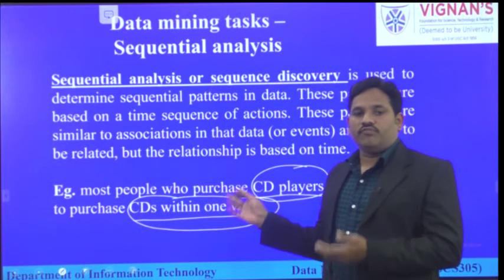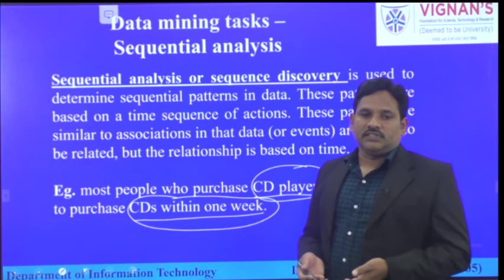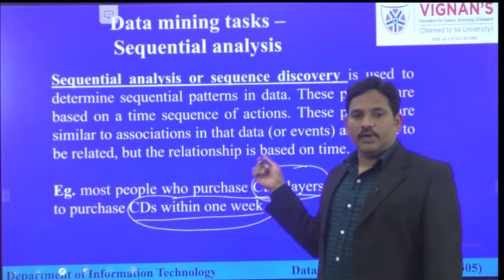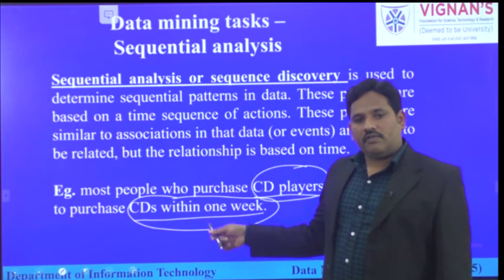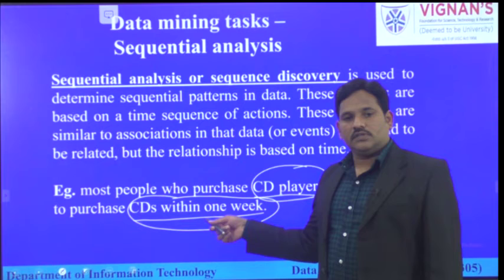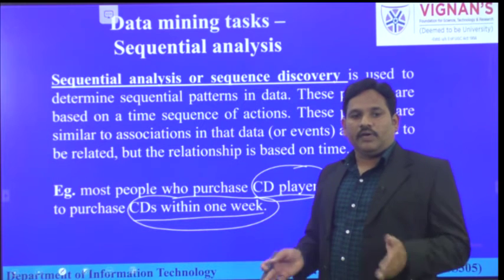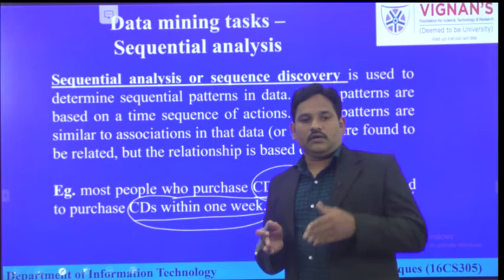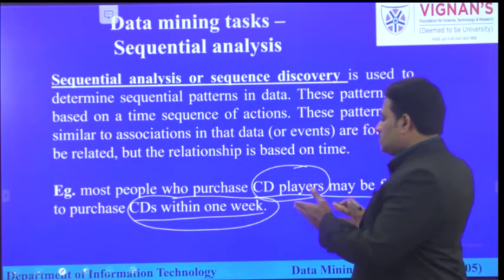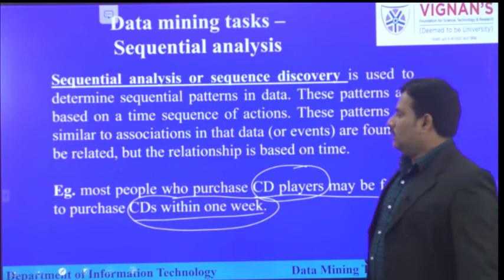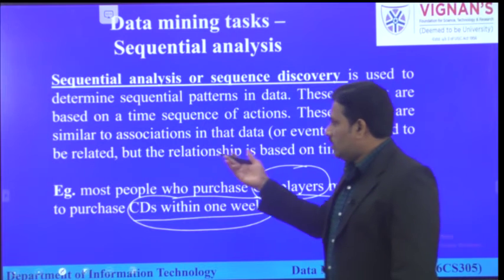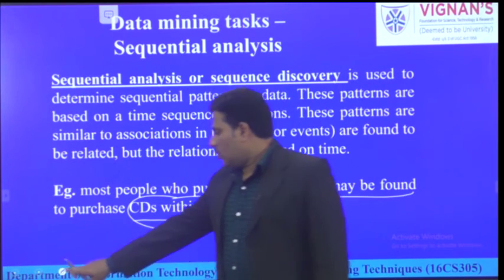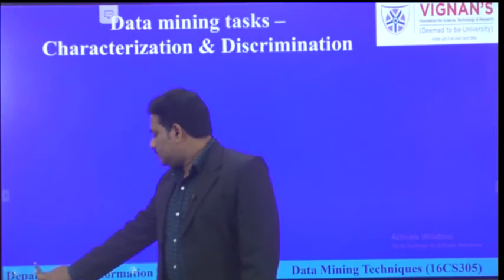Here they have a list of customers who purchased the CD player, and one more list of customers who purchased CDs, and they are trying to match both values in the two different transactional histories. This is the way of analyzing the data, and this is called sequential analysis.